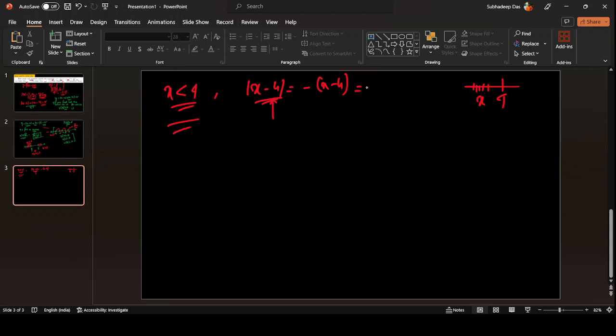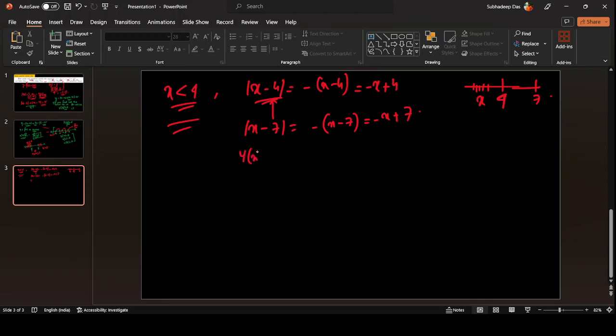So it gives us −x + 4. Similarly, in this region, |x − 7| will give us −(x − 7), as 7 lies here. So x < 4 implies x < 7 also, and it is a negative number. So it will give us −x + 7.